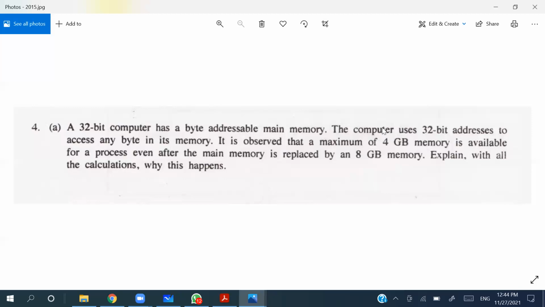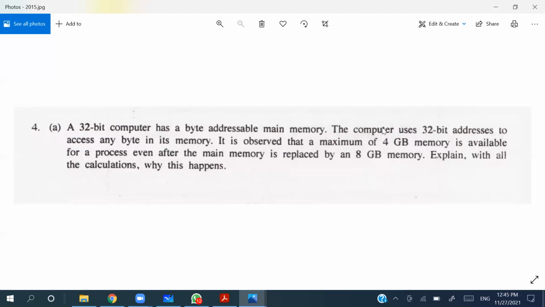Yeah, and it's better you do the explanation, since they are talking about this 4 GB and 8 GB thing, so it's better you write the explanation in a single sentence. Therefore, since this many bits can be the width of the memory address, this is the maximum amount of memory that can be used, right?